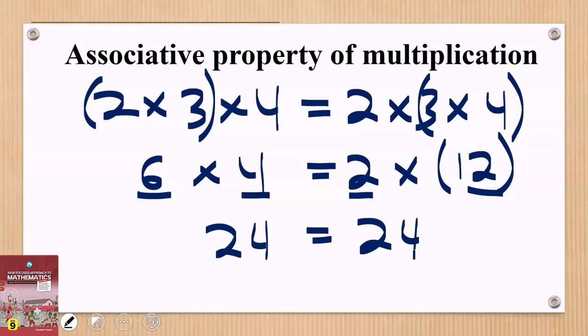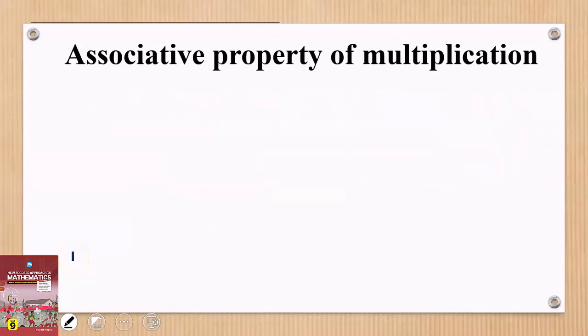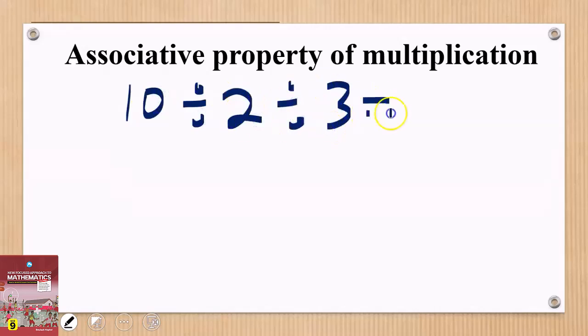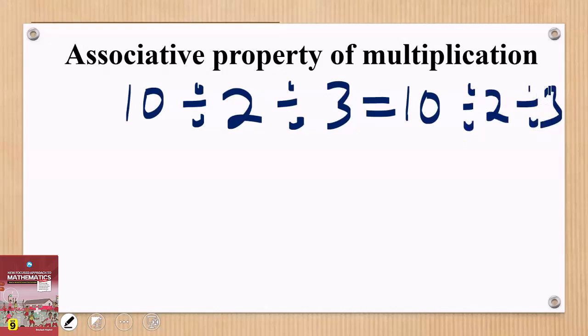In the case of division, check this. If I say I have 10 divided by 2 divided by 3, 10 divided by 2 divided by 3, based on what I did with multiplication, the left-hand side should be equal to the right-hand side because I've written the same thing at both sides.